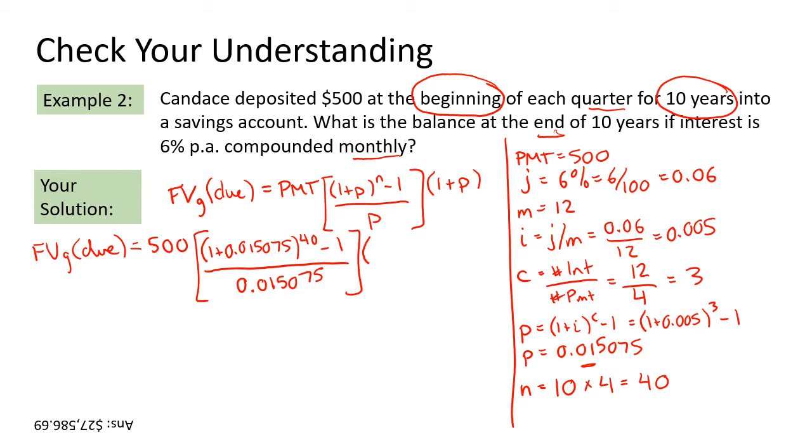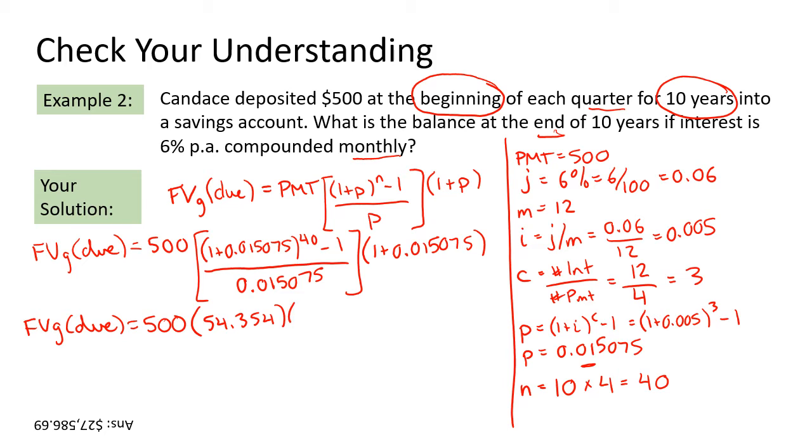And that's multiplied by this extra interest term, 1 plus 0.015075.